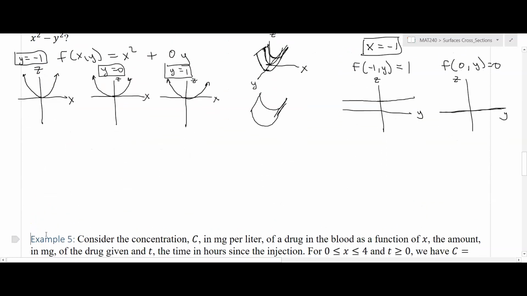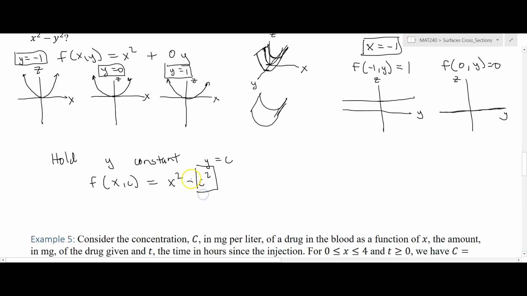Let's see if we could do this a little bit of justice just by thinking about holding y constant. So if I hold y constant at y equals c, f of x comma c will be the graph x squared minus c squared. Now this right here is just some number, some constant.